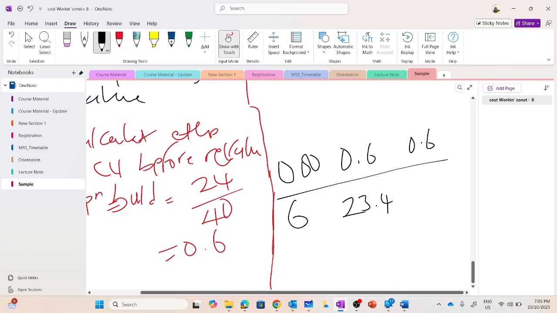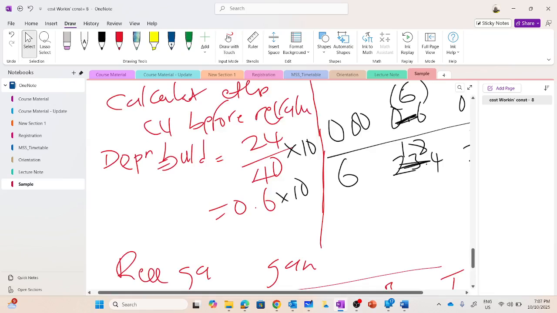Then the carrying value is now the current value, which is 6 and 18, which is 24.